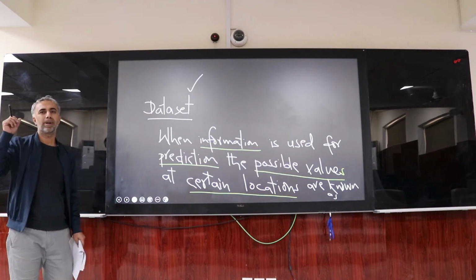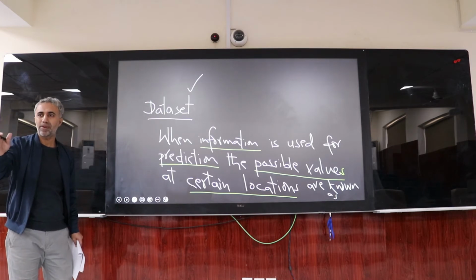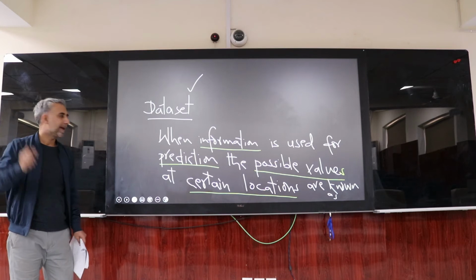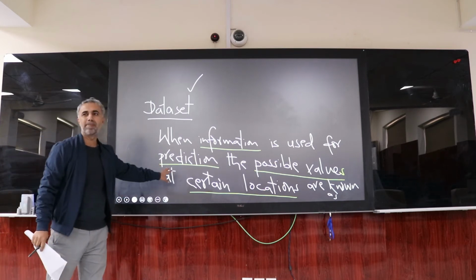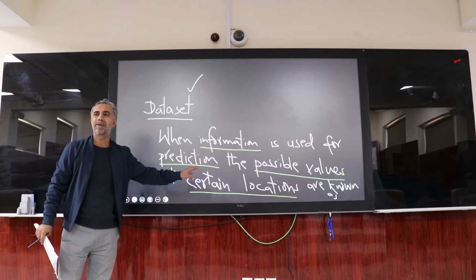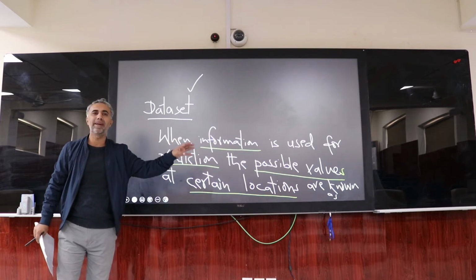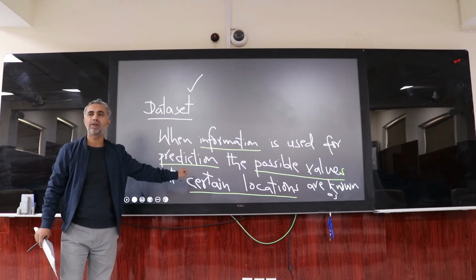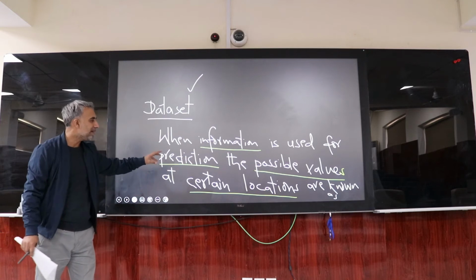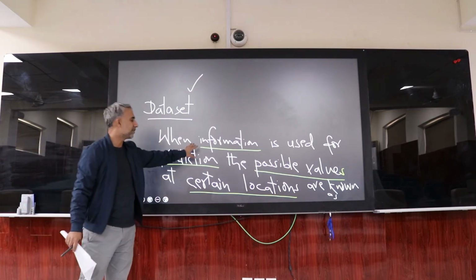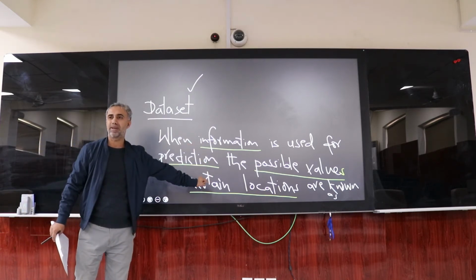We are taking pictures on the way. At different locations we get pictures, and of course the possible prediction is that this is Mansehra, this is Bisham, this is Gilgit. And all this information is what? A data set.